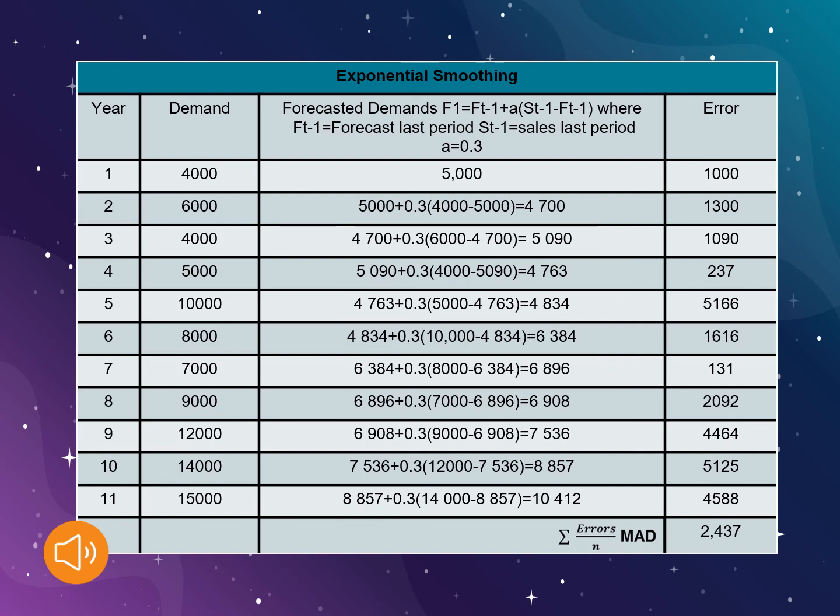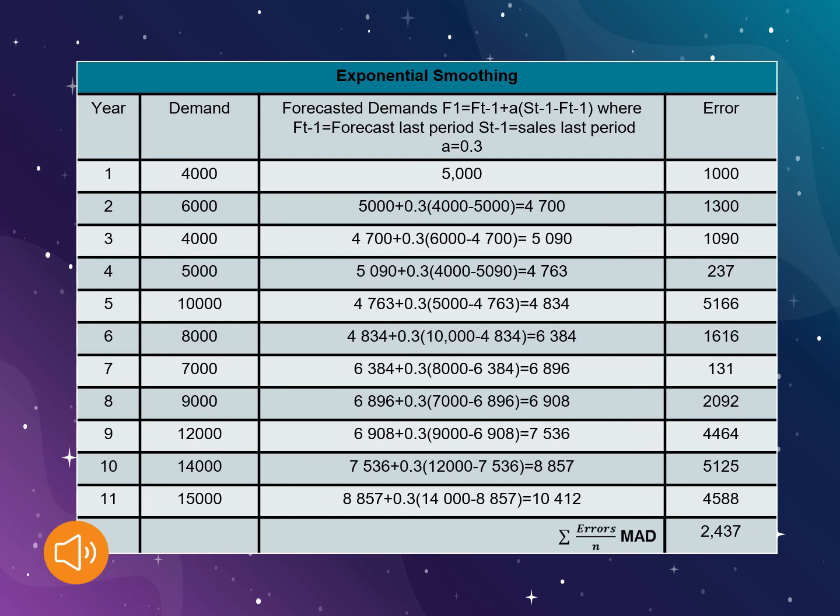If you deduct that from the demand for that year, we have an error of 1,300. That's just how you solve this model, so I won't be enumerating all of them. I guess you have already understood how to solve that one.